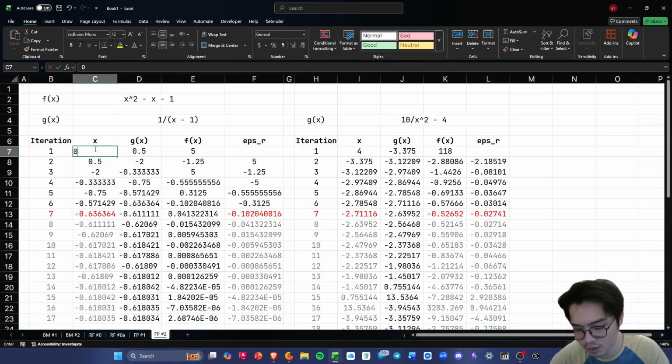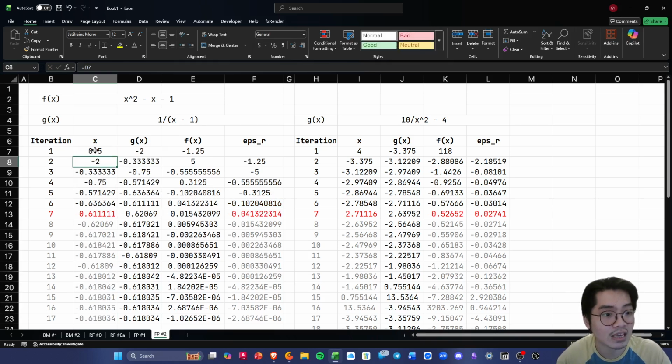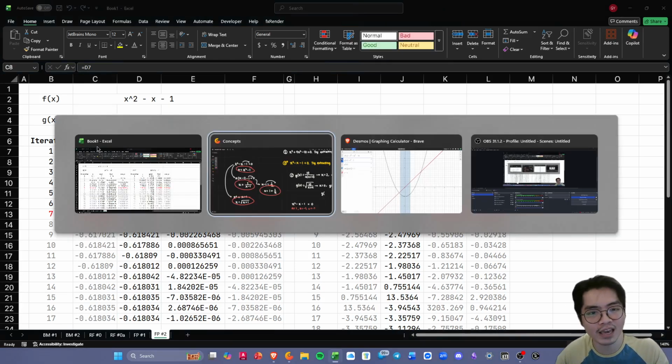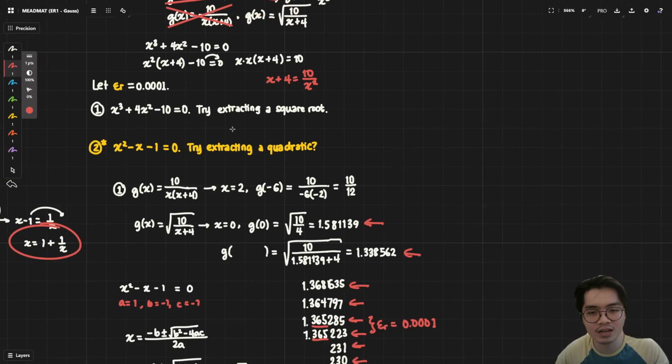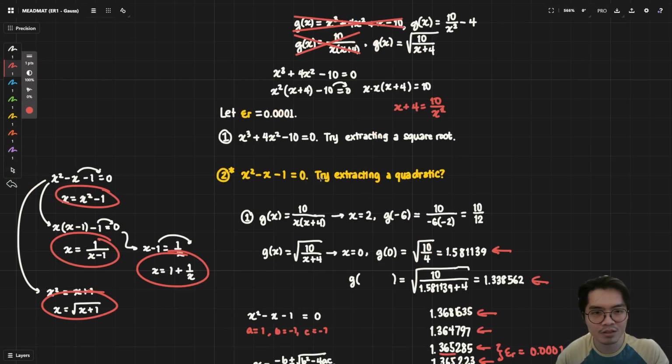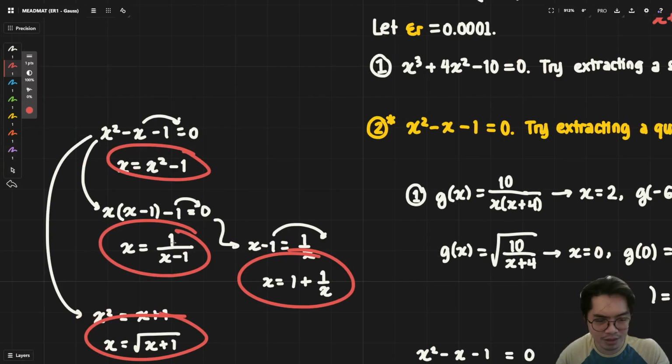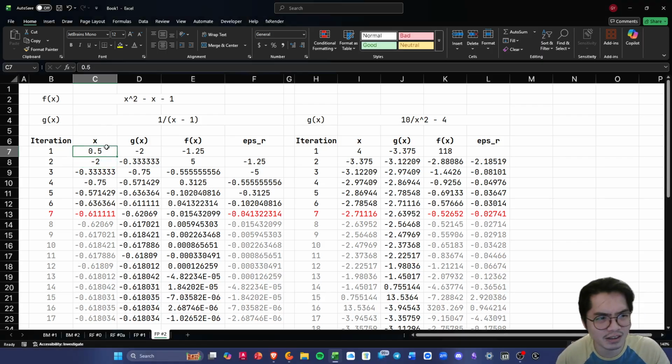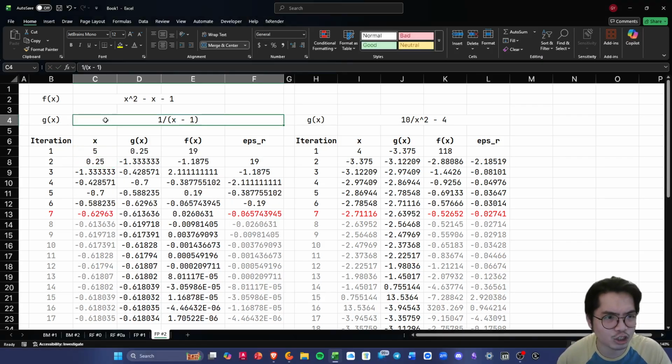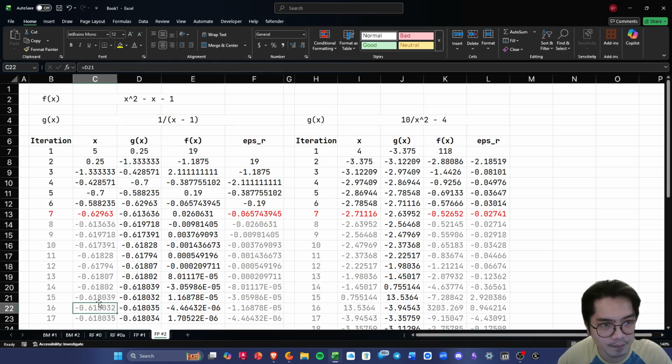What about a 0.5? To the negative still. Very interesting. So apparently we cannot get to the positive root through this method. You guys can have your own little suggestions in here, but apparently the fixed point will always go towards the negative value 0.618.